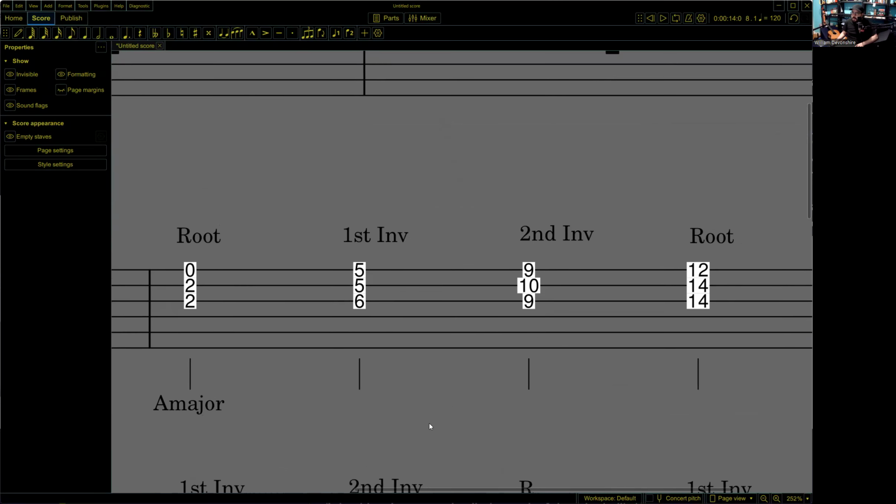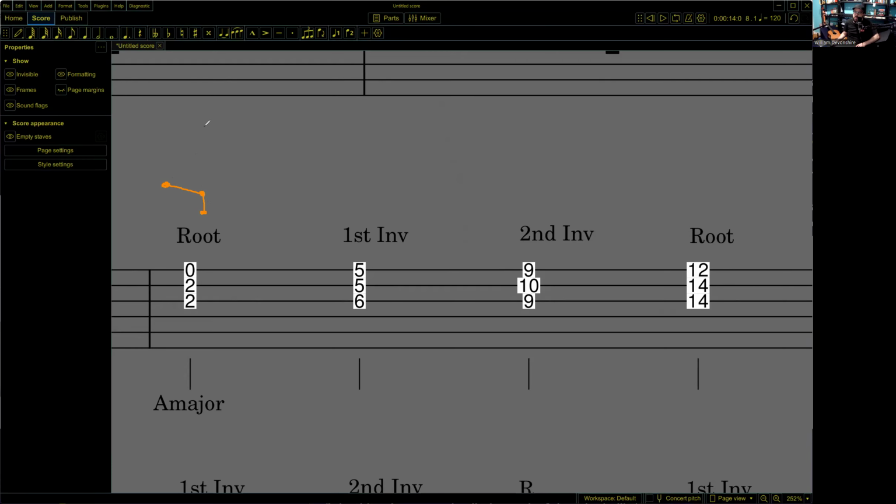So I like to break them down into patterns. This first pattern, the root position pattern, to me looks like an L. It's like boom, boom, and then you've got this one here, boom.